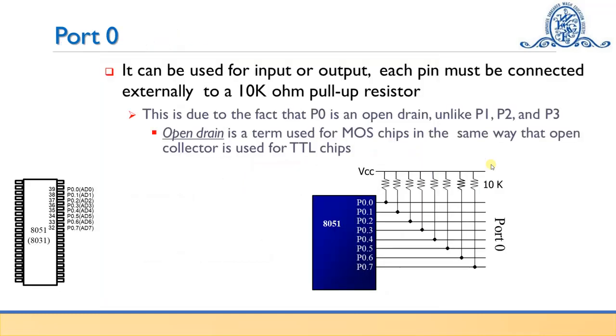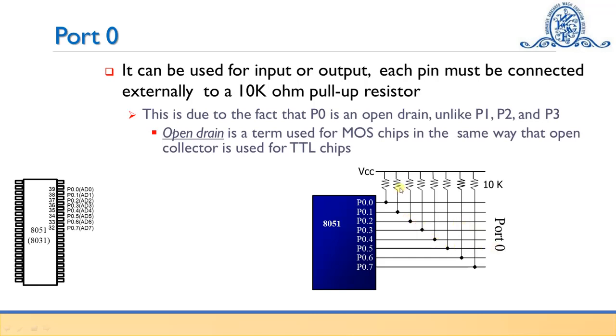Now coming to the details of port 0, as I said, it starts at pin number 32 and goes till 39. It can be used for input or output. Each pin must be connected externally to a 10 kilo ohm pull-up resistor. You can see here a resistor bank of 8 pull-up resistors, each of 10k, with one end connected to VCC and the other end connected to the IO pin.